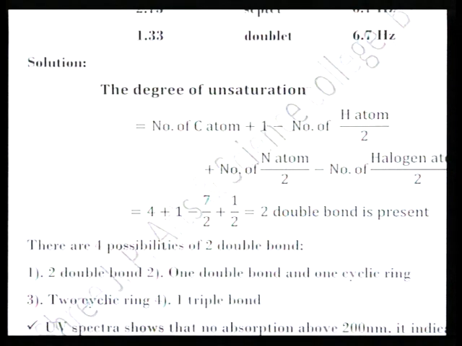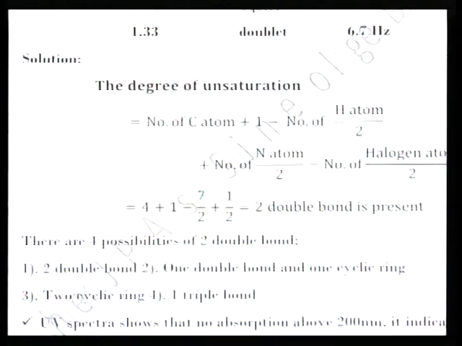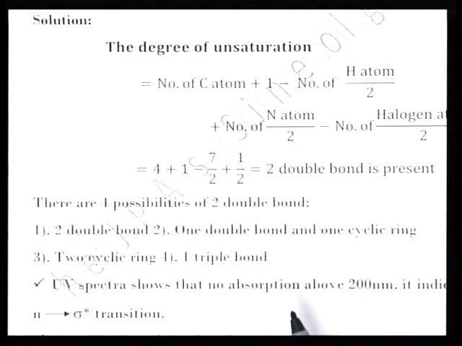Therefore, there are 4 possibilities. The first possibility is 2 double bonds, the second is 1 double bond and 1 cyclic ring, the third is 2 cyclic rings, and the fourth is 1 triple bond. Now, the UV data shows no absorption above 200 nanometer. It indicates n to sigma star transitions.